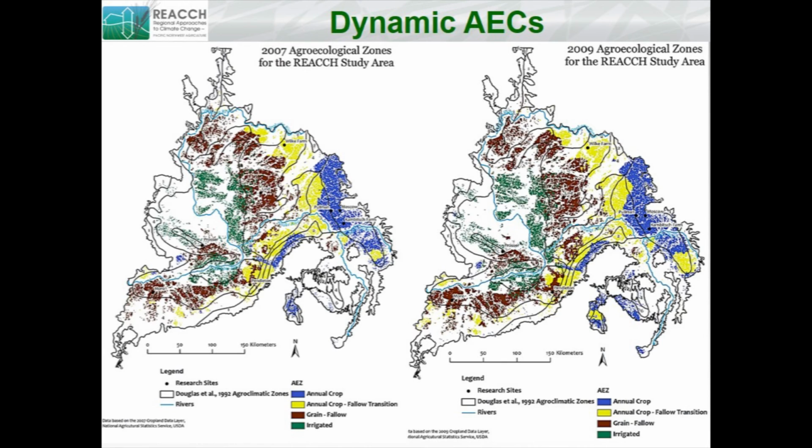There's an annual crop fallow transition where we have a larger proportion of fallow in the pixels surrounding each pixel, up to almost 40%. And then if we're above 40% fallow, we classify that as an annual grain fallow type of cropping system.